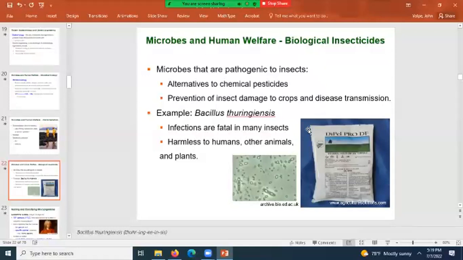And my father actually used Bacillus thuringiensis back in the 1960s. So this has been used and known about for many years. And he put it on the plants to prevent the apples from getting worms. And it did work.